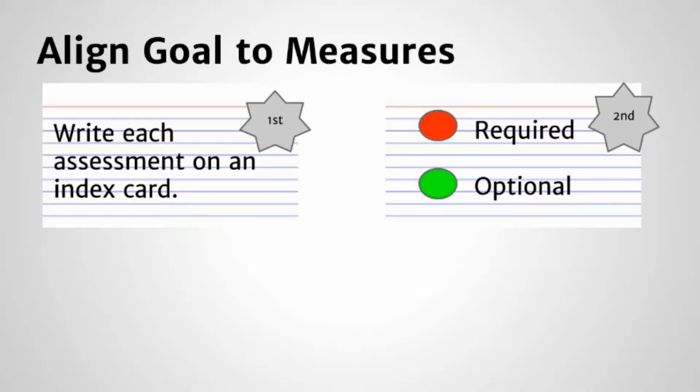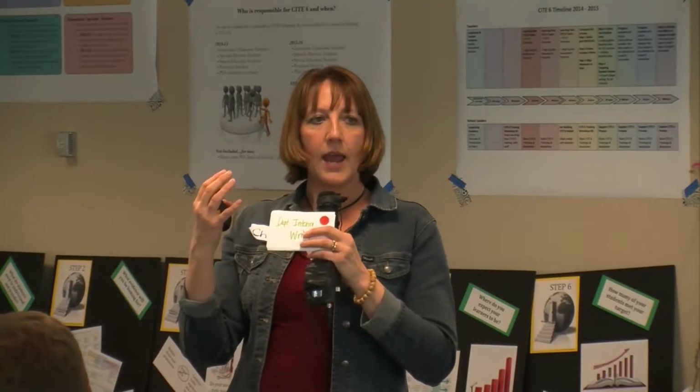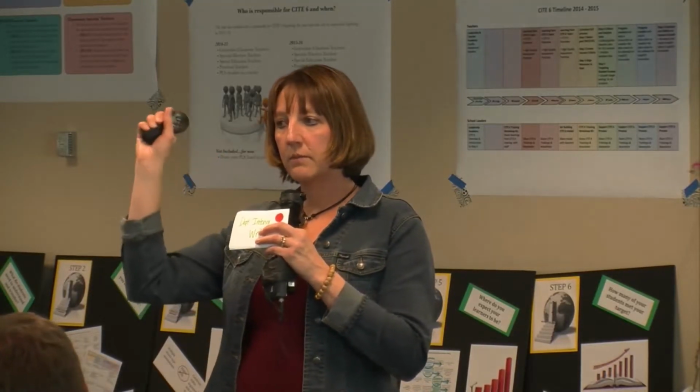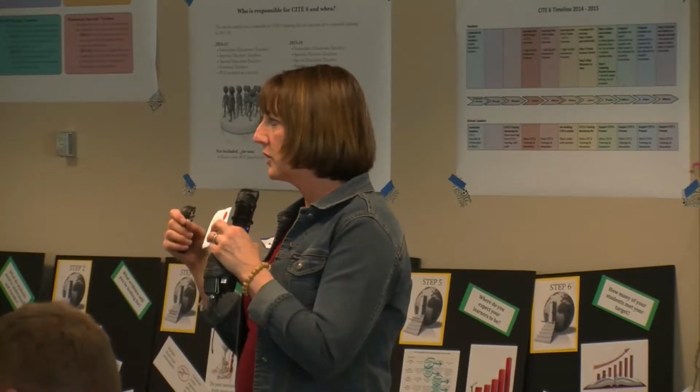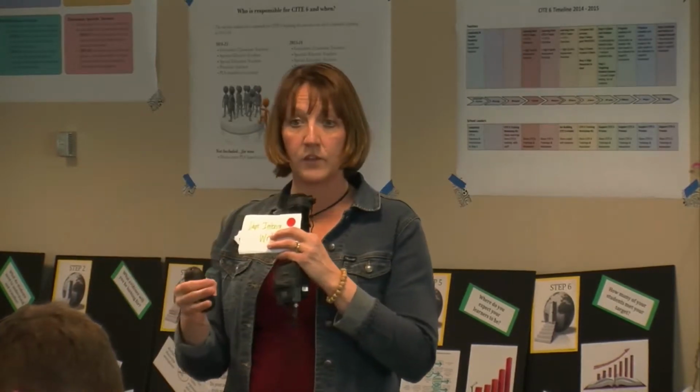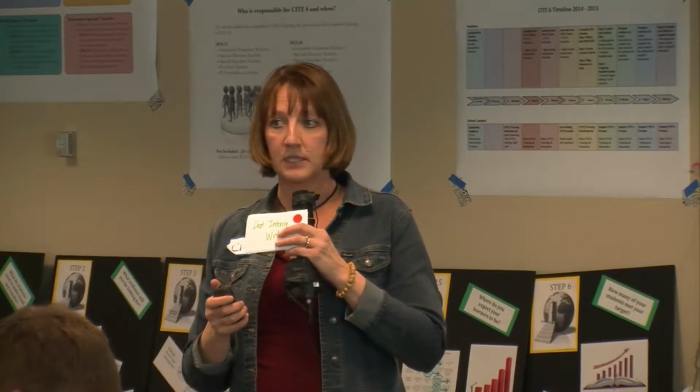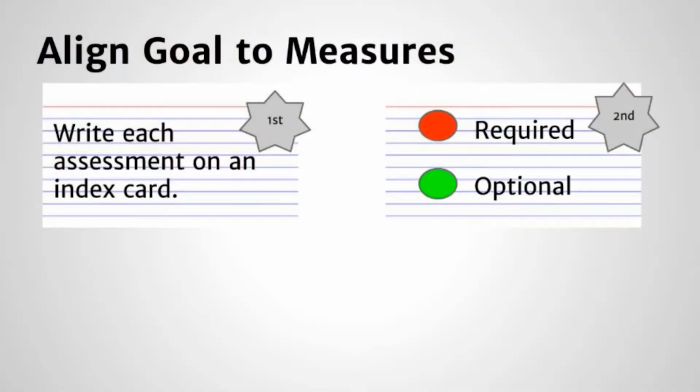So how is that called out in your model? And principals can jump in here and help the teachers know what their model is. If it's required, put the red dot on it. If it's optional, it's one you could put in, you don't have to, then put a green dot on that, please. So sticker them up. Red is required, green is optional.